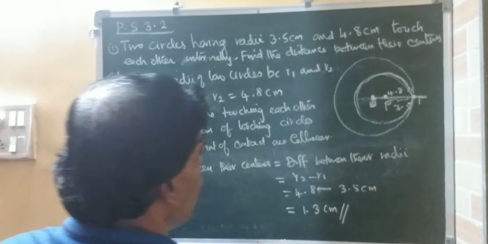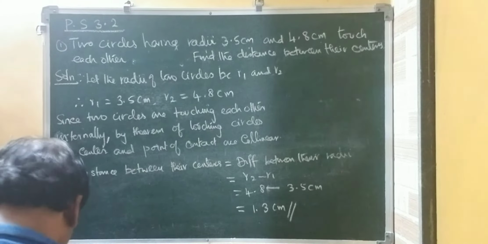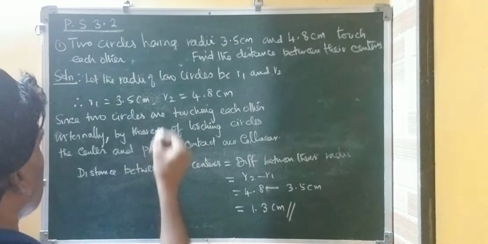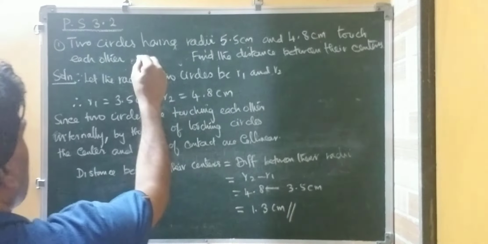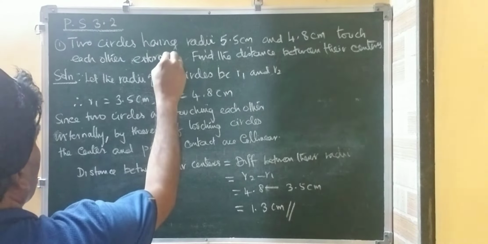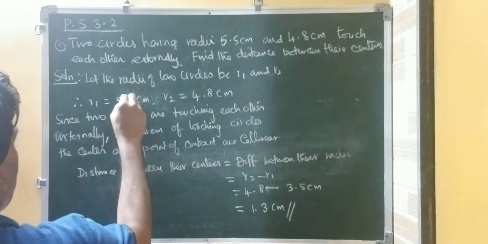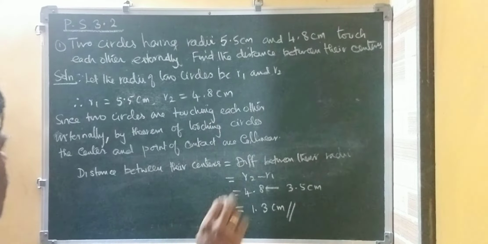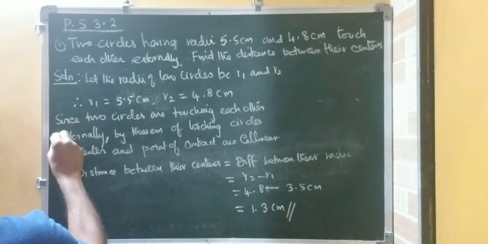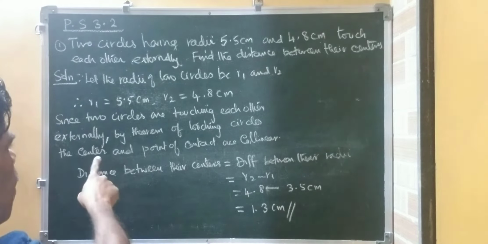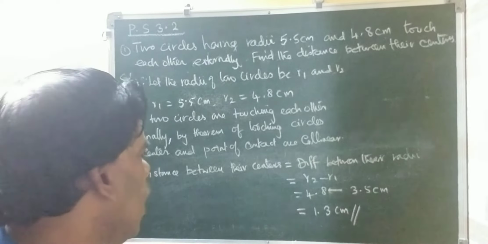Now, similarly, we will do externally touching circles. Here is another one. See, two circles of radii 5.5 and 4.8 touch each other externally. So, the first circle we take radius 5.5 centimeter, the second one the same. Since two circles are touching each other externally, then also by the theorem the centers and the point of contact are on the same line, or they are collinear.